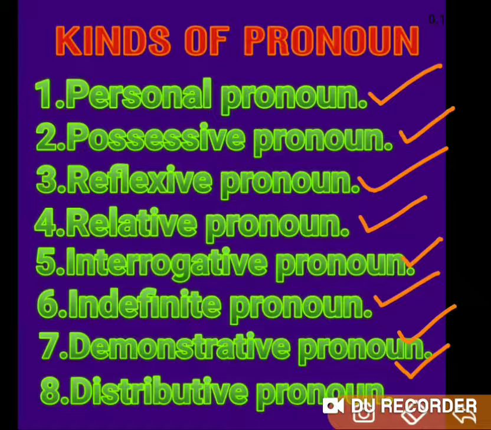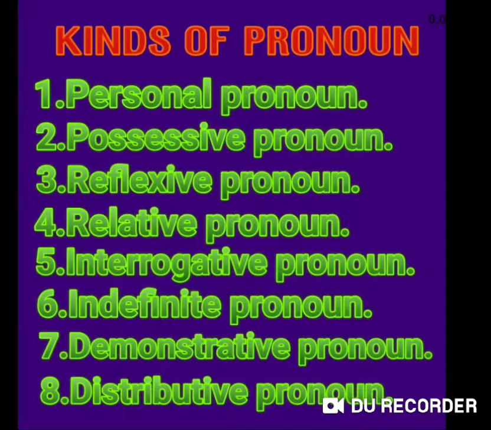So let us one more time glance at the kinds of pronoun. First one is personal pronoun, second possessive, third reflexive, fourth relative, fifth interrogative, sixth indefinite, seventh demonstrative, eighth distributive.